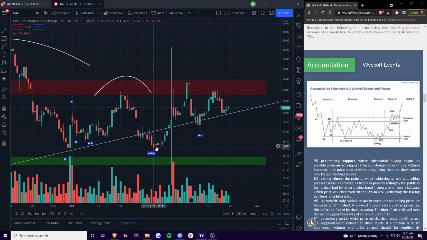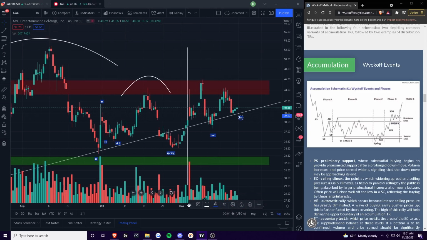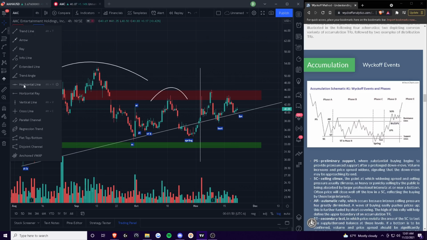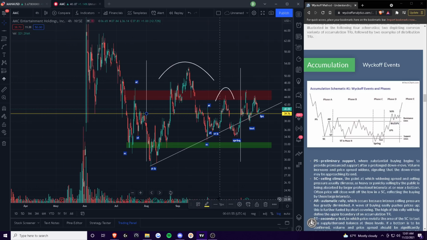And so this move here is really similar to a spring, and then you have a test here. And this looks like a significant last point of support. Normally the last point of support is what that's referring to: you can normally find some horizontal spots where this is a significantly traded zone. So you can see that support and resistance was found here.